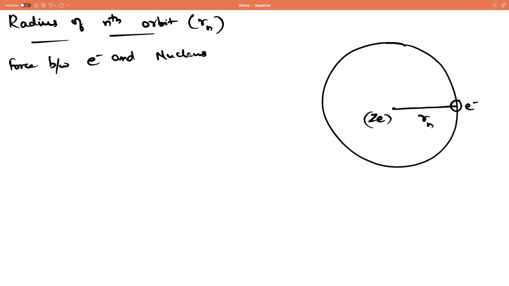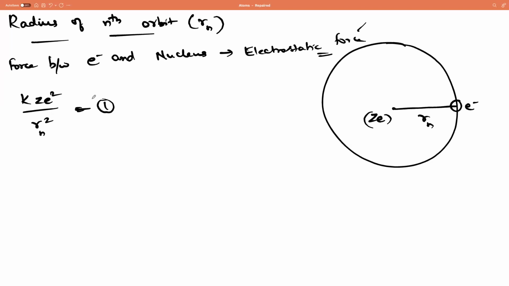It is obviously the electrostatic force. And how is the electrostatic force given? K times Ze square divided by Rn square. Let me call this 1.